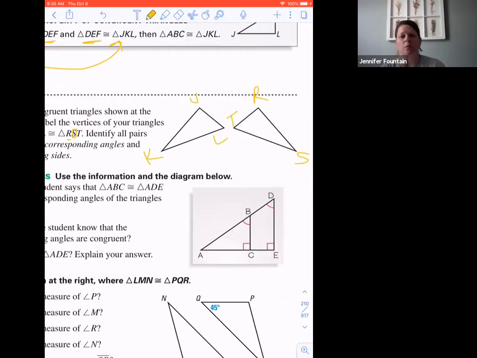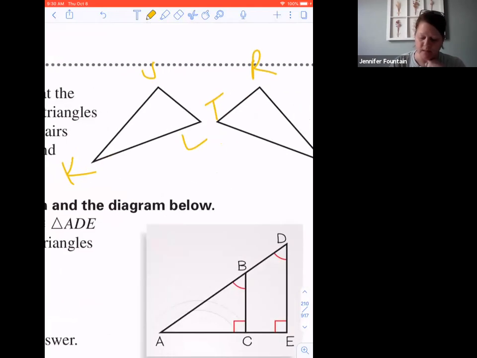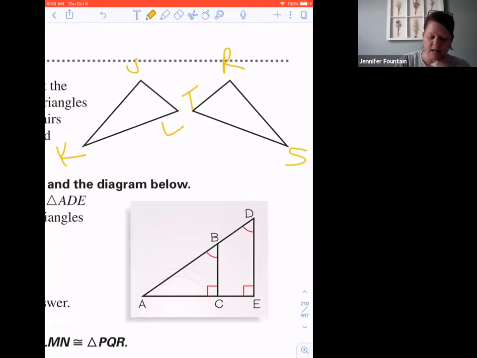The first thing we wanted to do is look at the order that our triangles were named in. Because they're congruent to each other, I made sure that the corresponding points were named properly. Since we named our corresponding points, now we can do our corresponding angles.